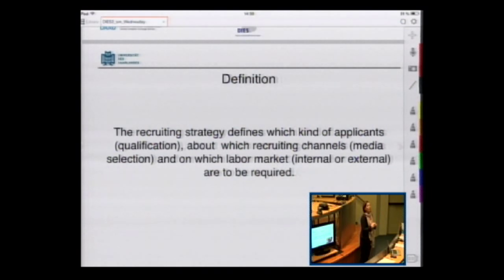The social networking. Yes, social networking. You can use Facebook or all the things around, LinkedIn. Professional organizations. Yes, professional organizations, labor organizations. Yes, right. Headhunters, right. Research colleagues.